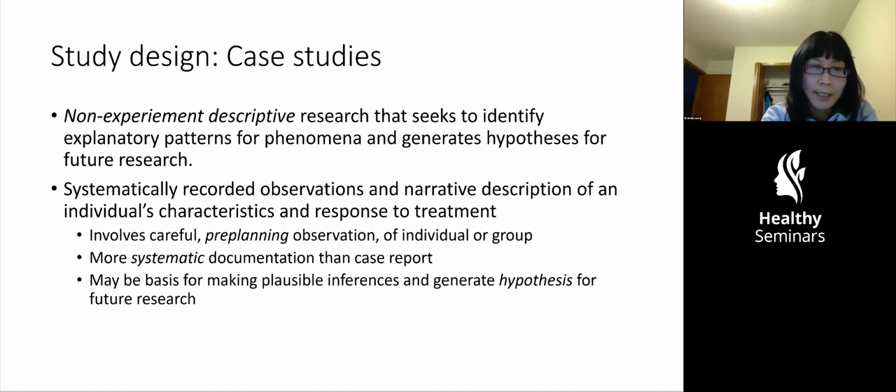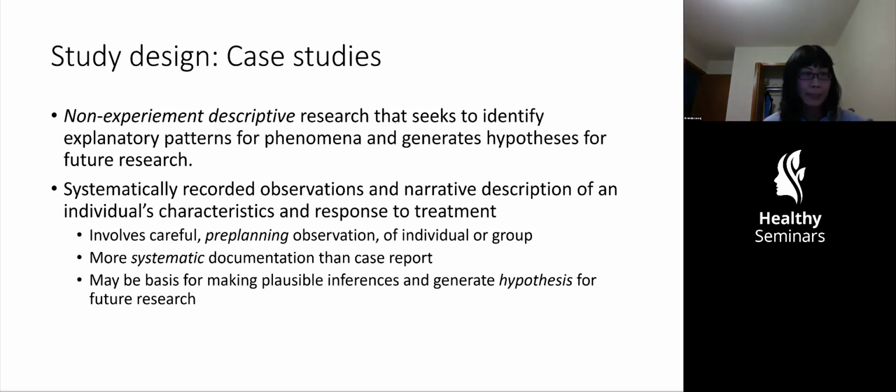Now, with the case study, the idea is not to test a hypothesis, but to generate a hypothesis. Because with this type of design, we are unable to demonstrate a causal relationship. We are not able to say, yes, the treatment is effective or causes the outcome of interest.